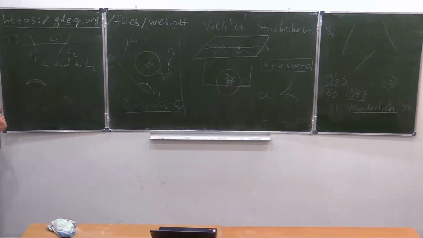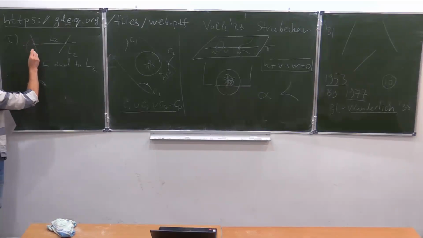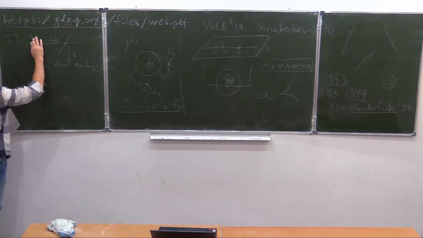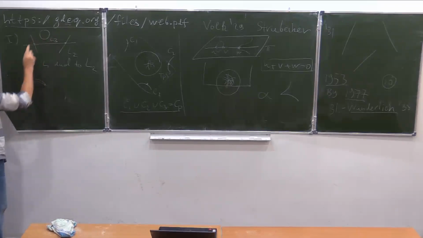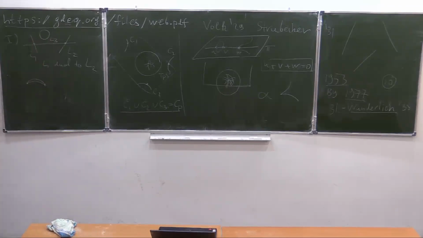To this family corresponds a polar line which is elliptic. So let L1 be elliptic, which doesn't meet the Darboux quadric.